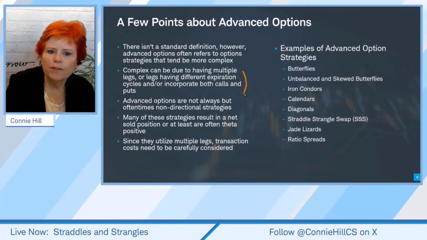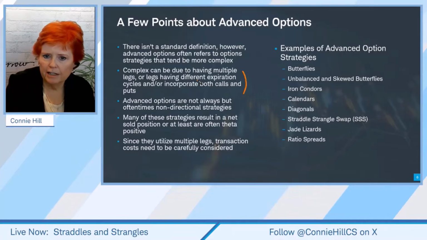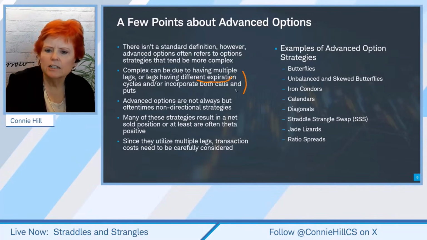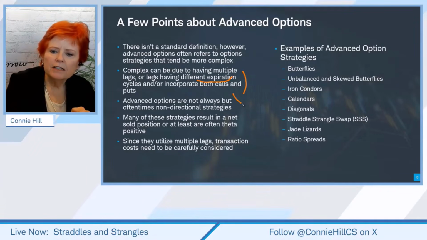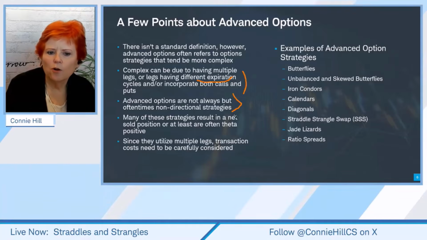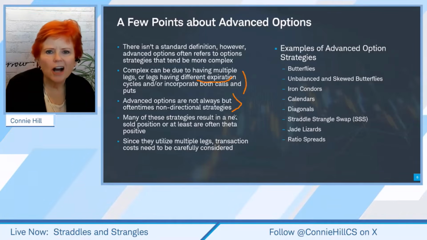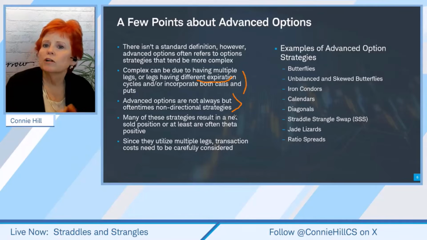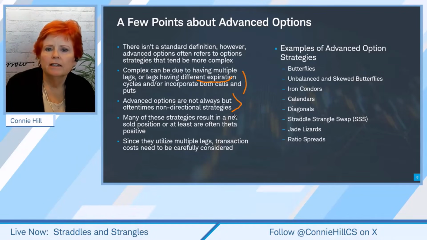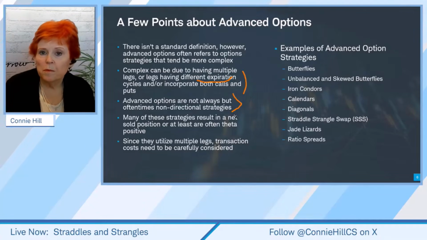Usually in our case, they both have the same expiration date. There are some advanced strategies like diagonals where you have different dates, but in this case, they're going to be the very same. Now, one thing that's kind of applicable here in our class today is advanced options are not always, and many times they're not directional, meaning we're not taking necessarily a bias, okay? In the event of straddles and strangles, we don't know what direction the market's going to move or that the stock's going to move.